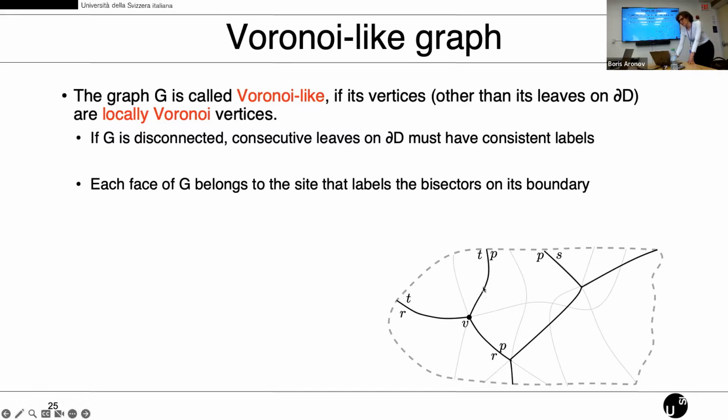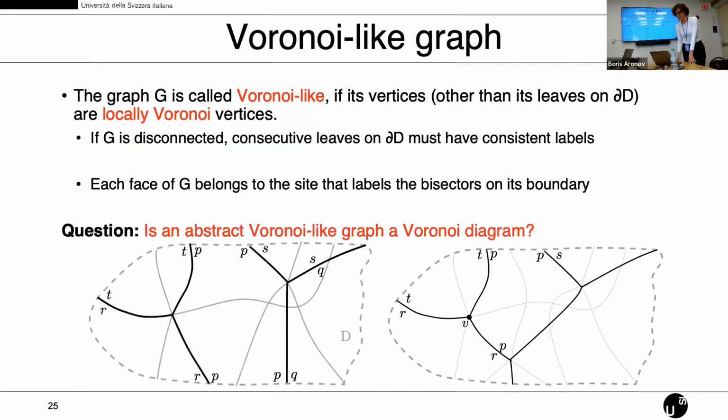So we can say here is a face in our graph, and we say it belongs to the site p, just because of these bisectors. So again, we have the graph on this arrangement of bisectors. It's called Voronoi-like if its vertices other than its leaves are all locally Voronoi vertices, meaning they are legal vertices in a diagram of these sites. So the question is: is this Voronoi-like graph a Voronoi diagram?